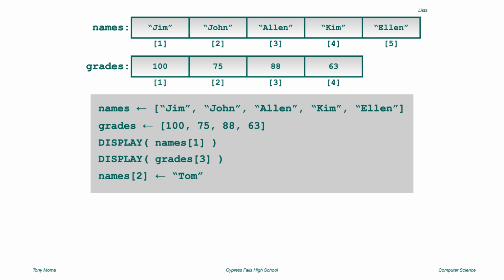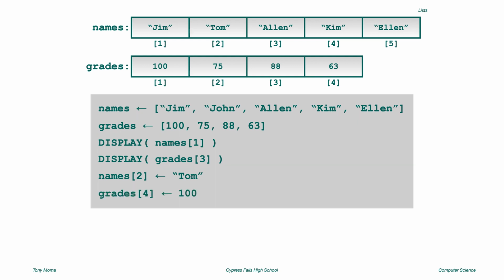Here I'm asking for the value Tom to be assigned at index 2 of the names list, and that is what happens. Likewise, if I want to change the fourth value in the grades list to 100, I'll type grades, followed by 4 inside of a pair of brackets. Then on the other side of the assignment arrow, the value 100, and that would change the fourth value in the list to 100.